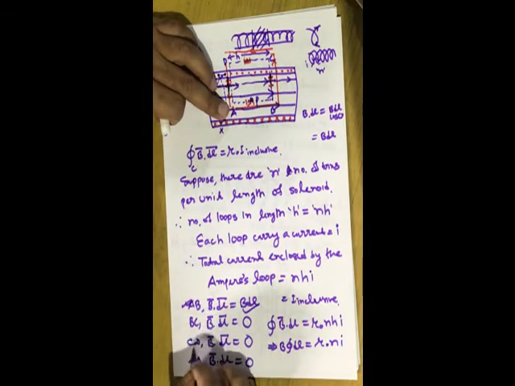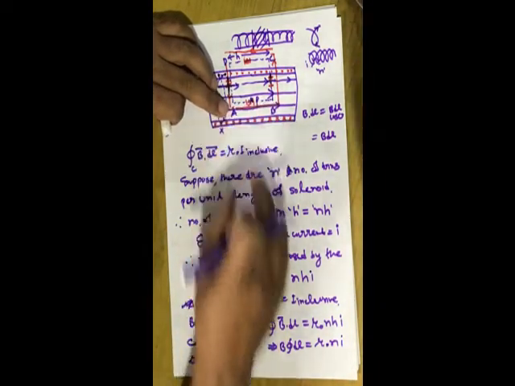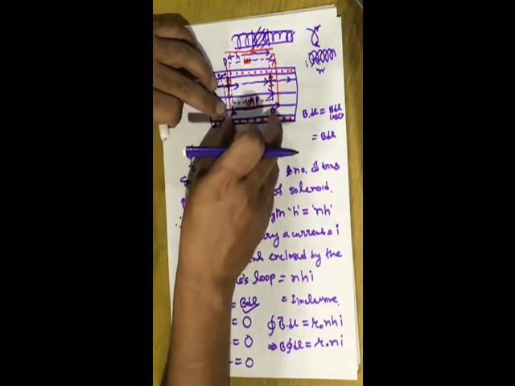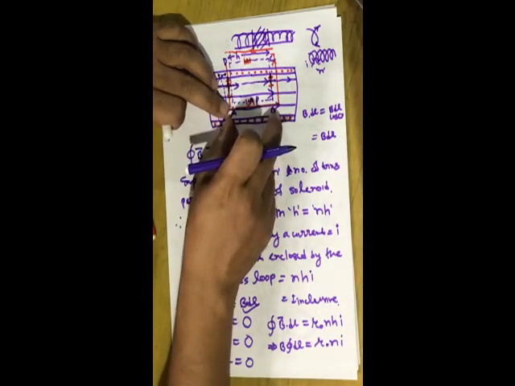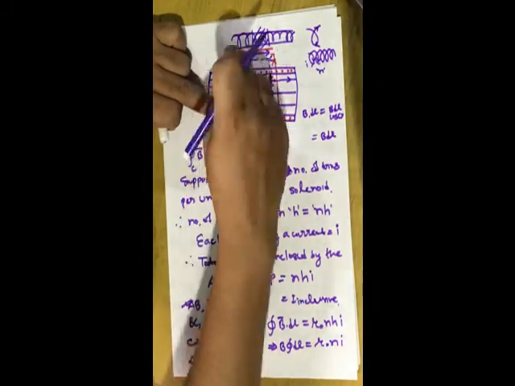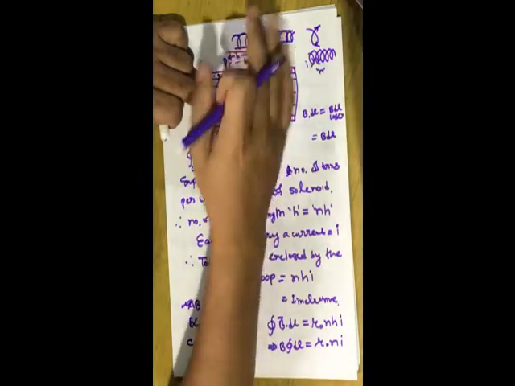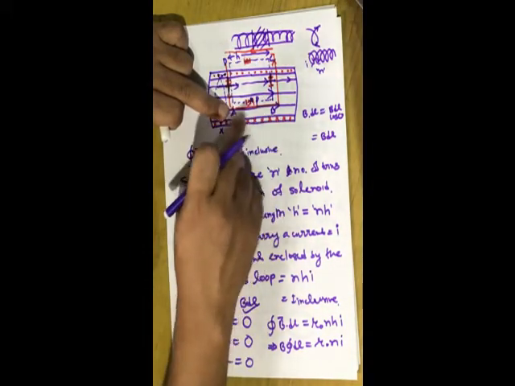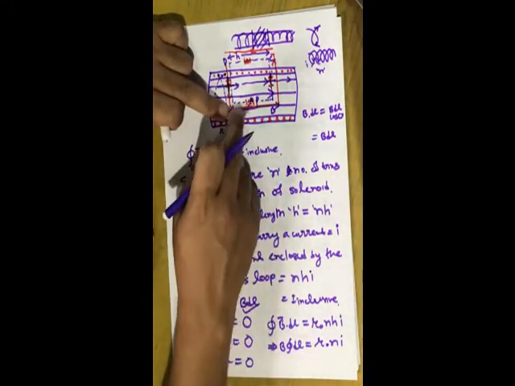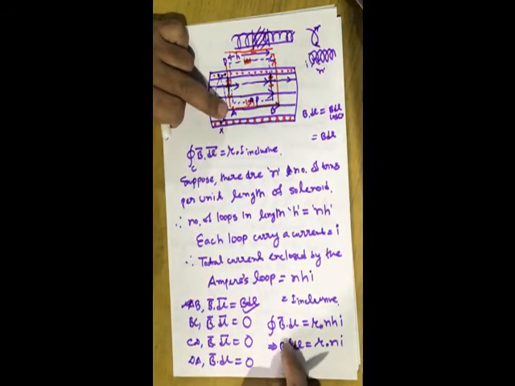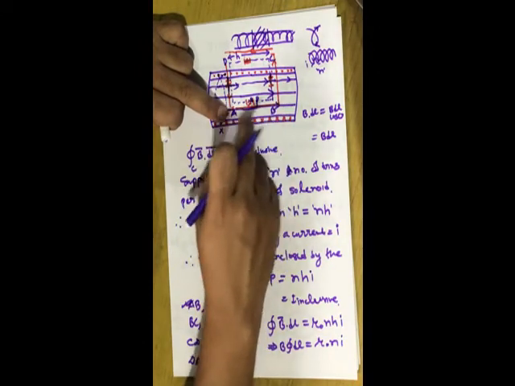BC, CD and DA do not make any contribution. So the line integral of dl is nothing but the length of the side AB, and the only part contributing to the magnetic field will be the line element AB.